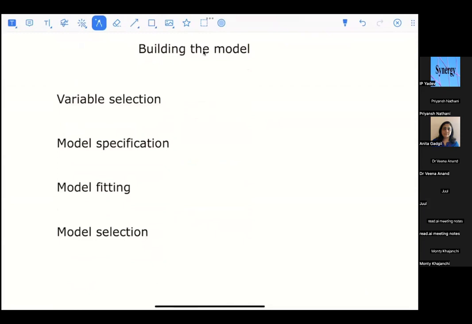Now, so far, we have discussed the fundamentals of logistic regression: the basic difference between linear regression and logistic regression, and how logistic regression can be considered an extension of linear regression, also known as a generalized linear model. And we use the same linear combination of predictors.